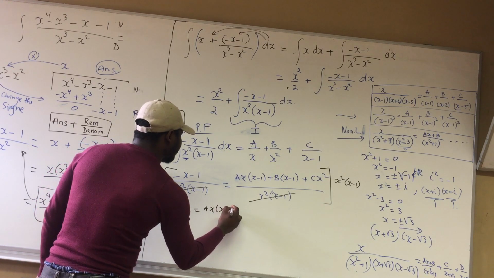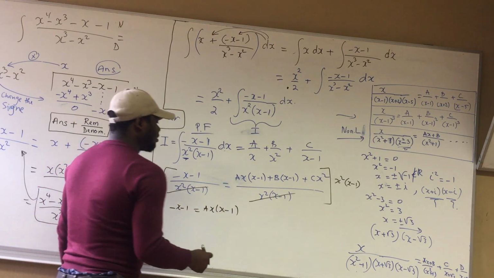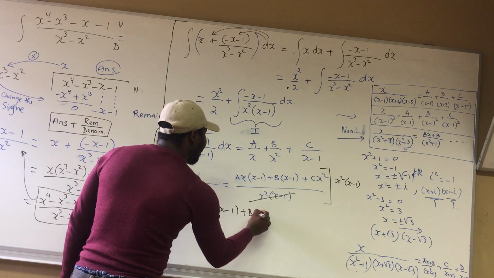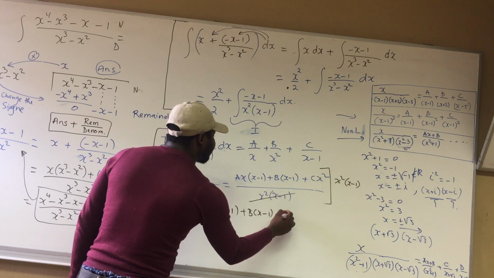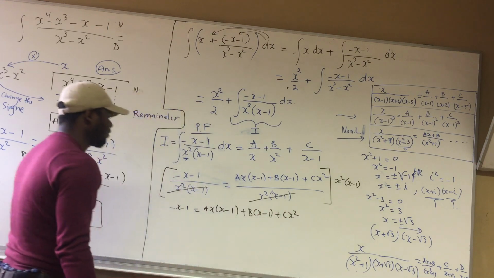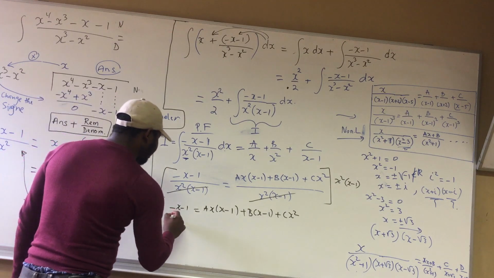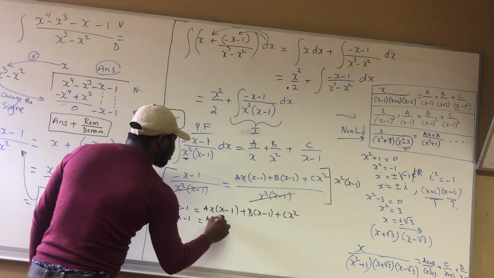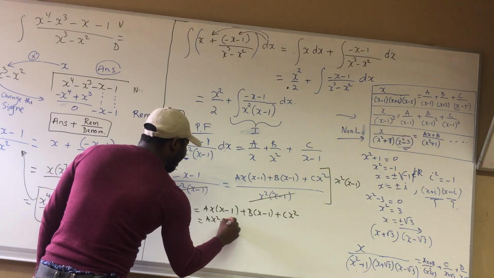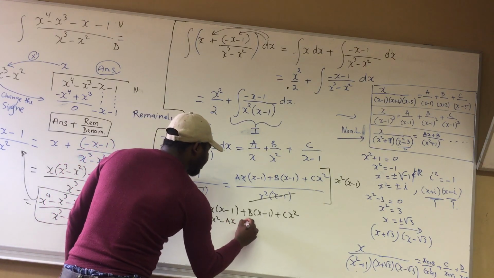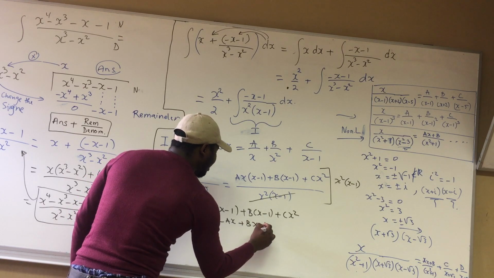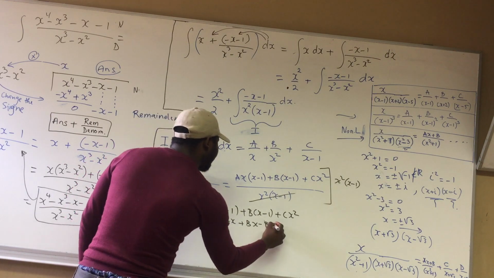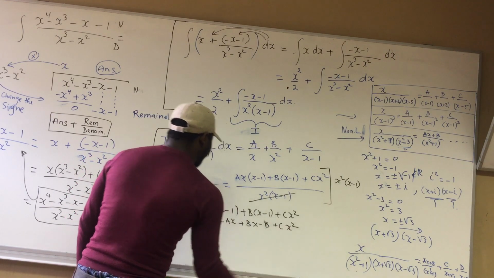I'll copy it like that first. Ax times x minus 1 in brackets, plus b, x minus 1, plus cx squared. Alright? So let me remove the bracket. I'm going to have minus x minus 1 equal to ax squared minus ax plus bx minus 1 minus b. Alright? Plus cx squared. Alright?